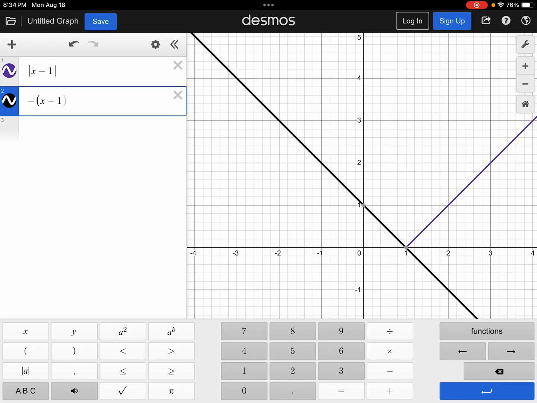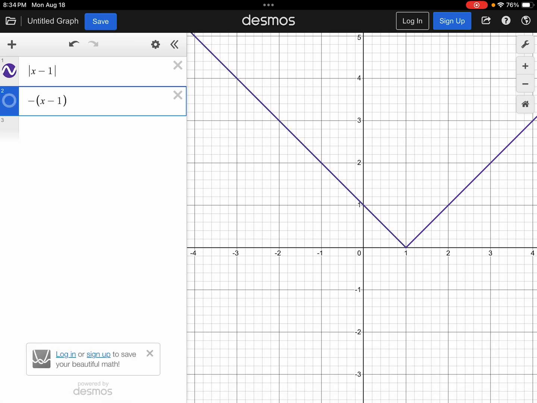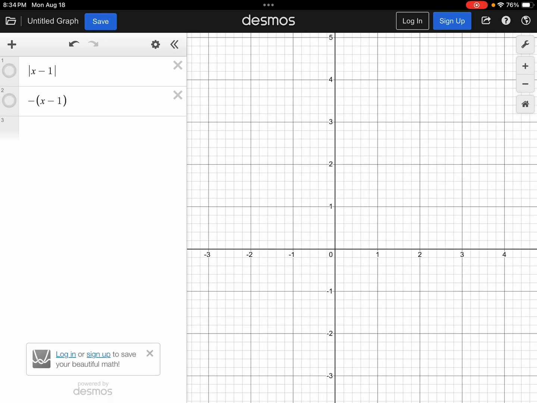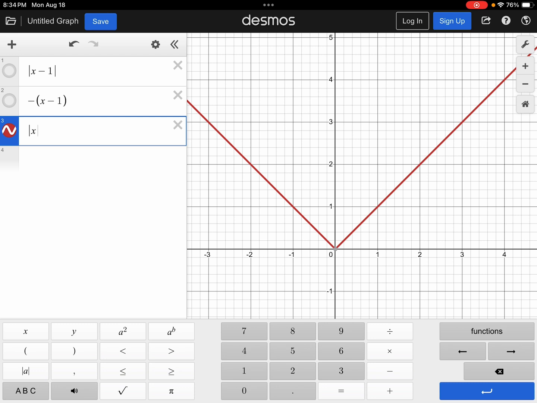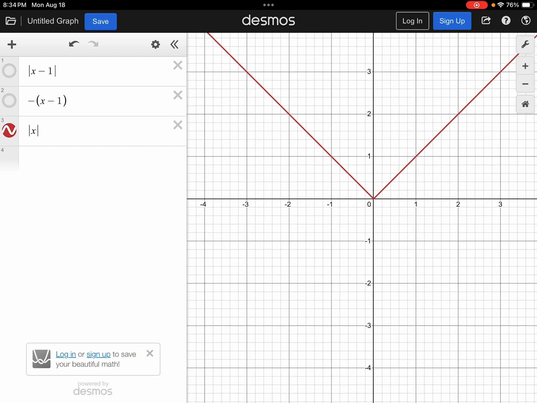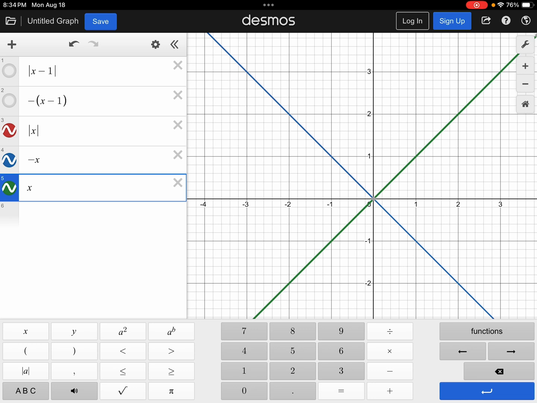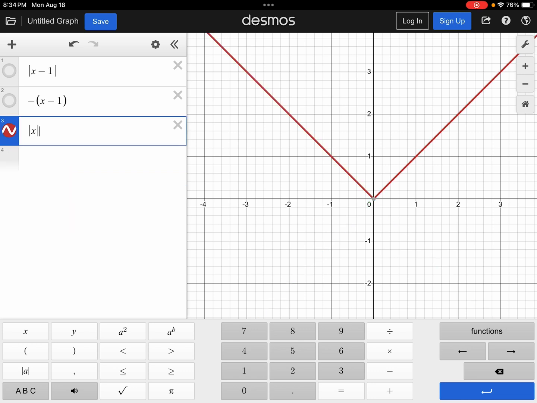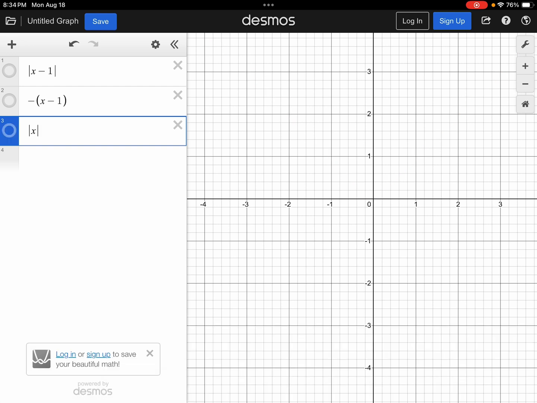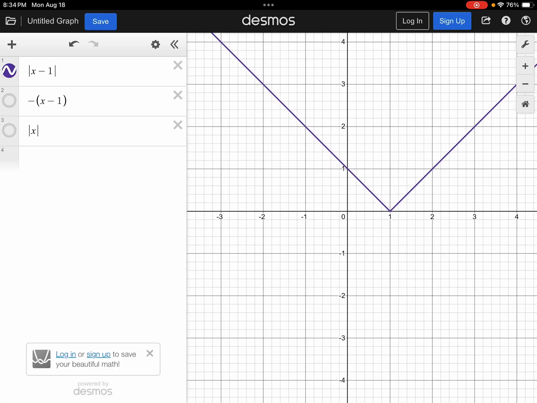So I have right here x, well, let's actually start with the absolute value of x. The absolute value of x can be written as a piecewise function of two different functions: negative x if x is less than 0, and positive x if x is greater than 0. So you combine those two for a piecewise function, and you get the absolute value of x. Same thing with x minus 1.